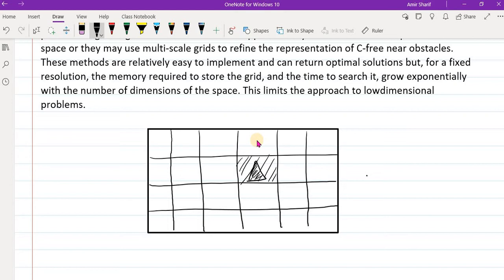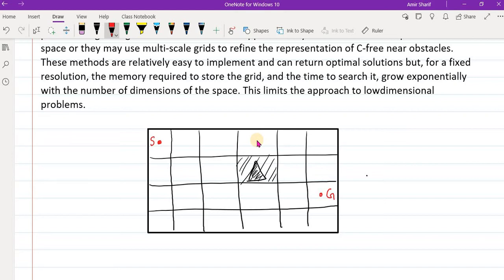So how it works is that, for example, this is your start point here, this is your start grid, and this is, let's say, your goal grid here. So what you want to do is find a collision free path from start grid to goal grid.